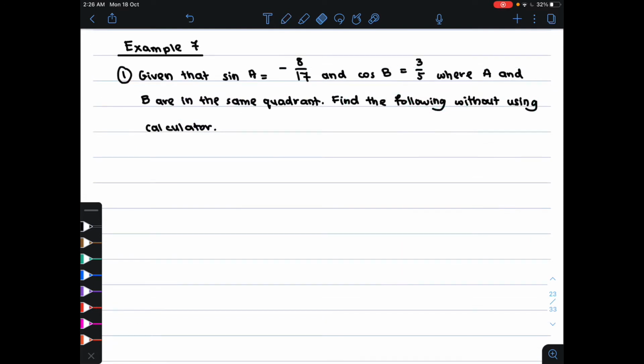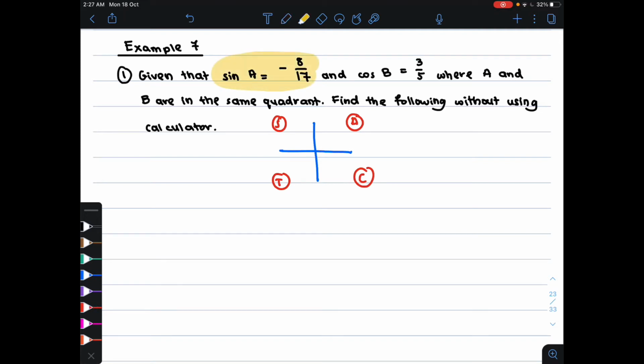Let's do example 7. For question 1, we are given sine A and cos B, where A and B are in the same quadrant. And hence, we need to find the following without using a calculator. So we have quadrant 1 until 4, and we have All Science Teachers Crazy.